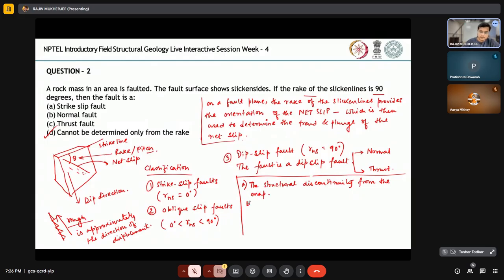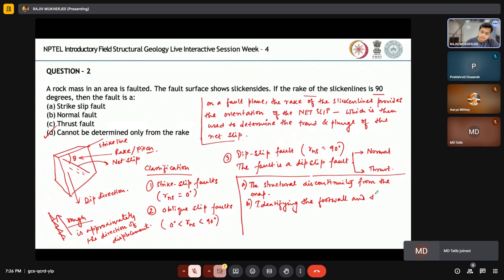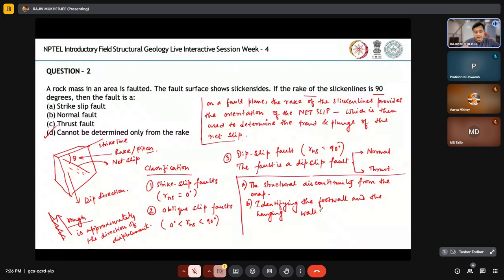Second option is identifying the footwall and the hanging wall. If we do not know for certainty which is the footwall and which is the hanging wall, it is quite difficult to establish the relative sense of motion. And finally, we require deformation signatures associated with normal faults and thrust faults.